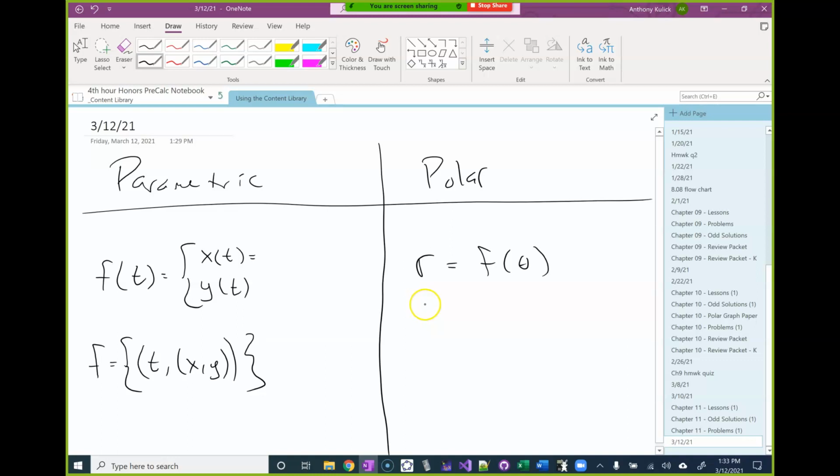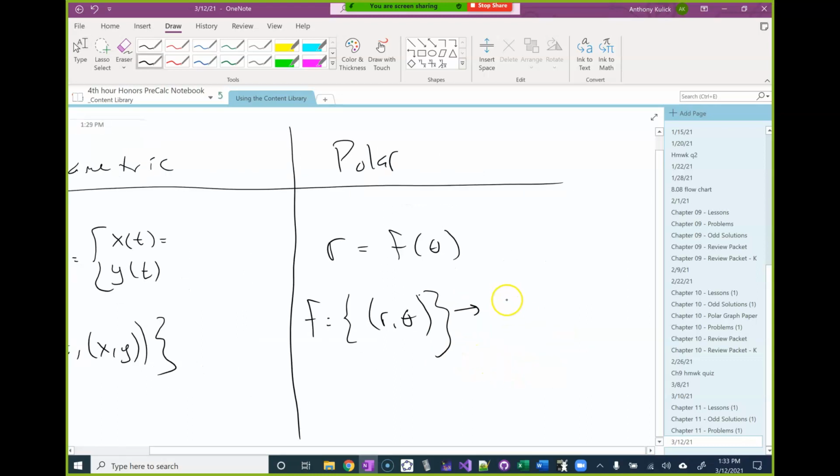So here, again, what we're getting is points that are r comma thetas. So my function are these ordered pairs r comma theta. And we can convert these into x y's.